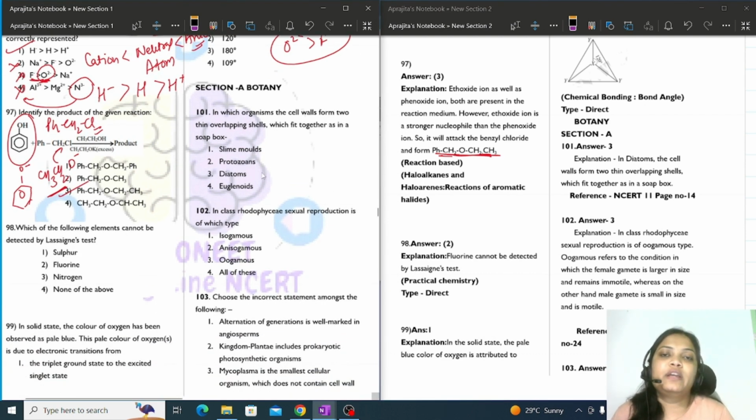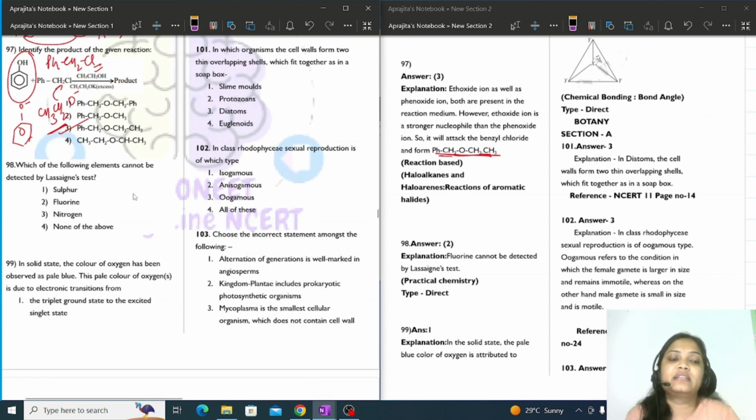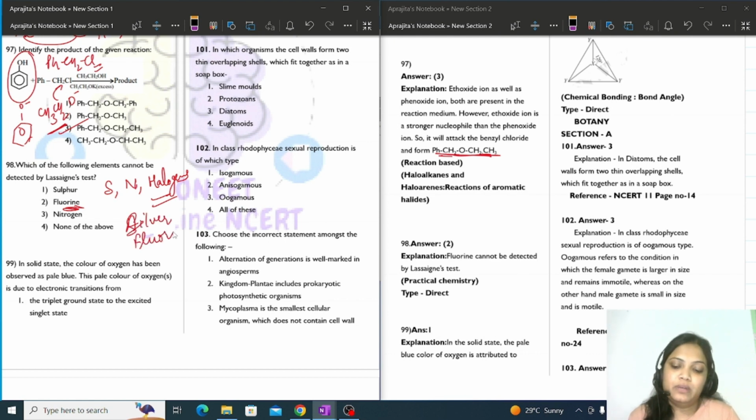Which of the following elements cannot be detected by Lassaigne's extract or Lassaigne's test? So Lassaigne's test is used to detect sulfur, nitrogen and halogens, but it cannot detect fluorine because the silver fluoride that is formed is soluble in water, so there will be no precipitate formed and we cannot detect it.